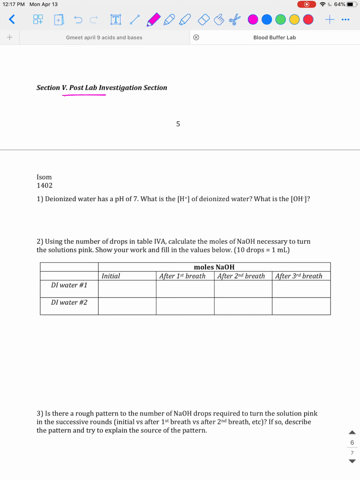So part number 1, post-lab question 1. This one is asking you, it says deionized water has a pH of 7. What is the H+ concentration of deionized water? What is the OH- concentration?